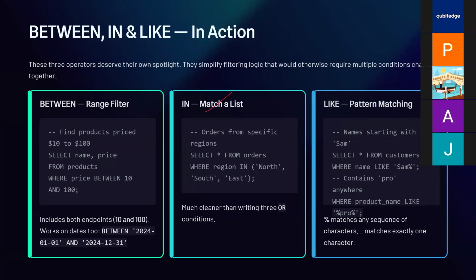We have completed BETWEEN, which is a range filter, and LIKE, which is a pattern, as we previously completed. I have to cover IN, so I'll cover it in upcoming scenarios. Don't worry.